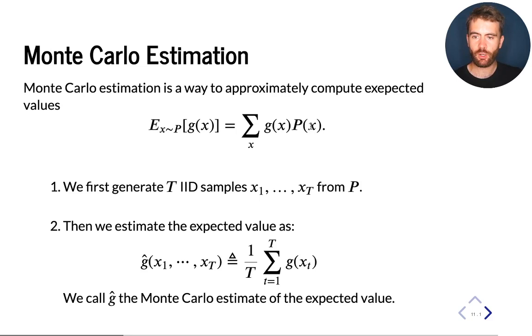So if we draw, let's say, 1,000,000 samples, and the probability that x takes the first value is 80%, then of these 1,000,000 samples, about 80%, or 800,000, will have that particular value. And so when we do this average, we're averaging these numbers in a proportion that's really similar to this probability P of x.